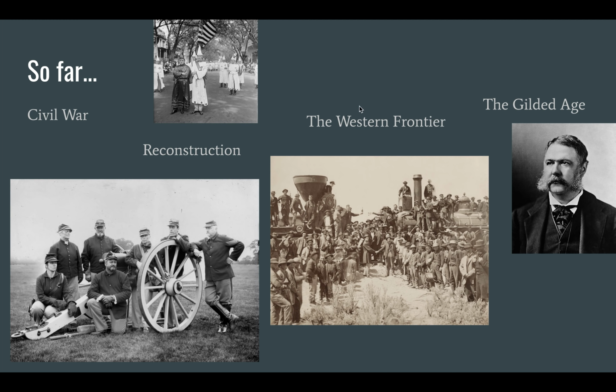Going along at the same time is the closing of the Western frontier, and you learned about that in chapter 16. And then that'll bring us to the Gilded Age, which is characterized by a bunch of presidents that you probably don't remember, like this guy, Chester A. Arthur, and a lot of other presidents who didn't really do all that much. But all of these things are linked together.